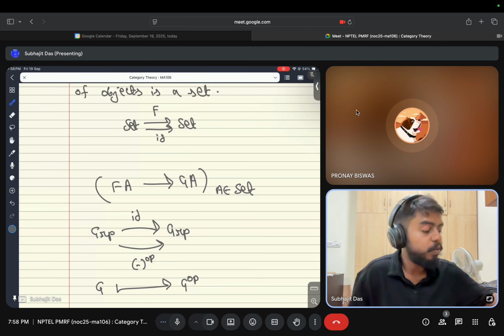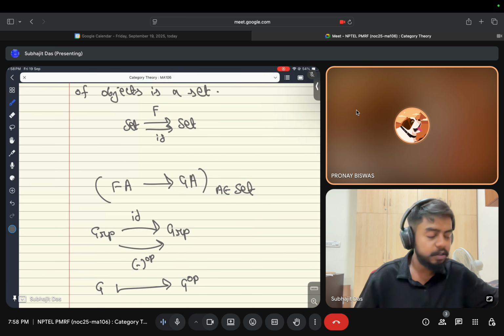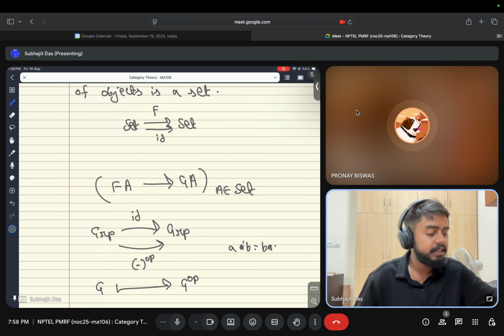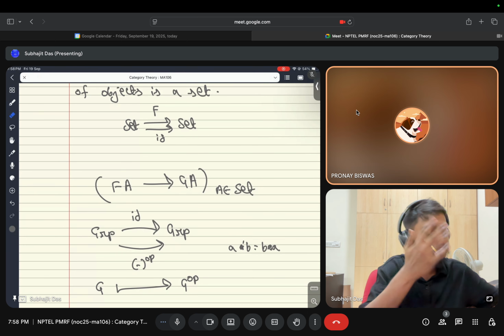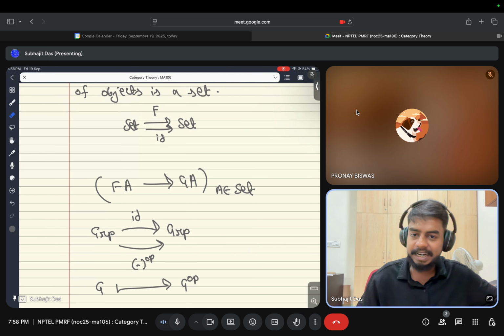Oh, okay, so G up is this group: A star prime B is B star A. Okay, that's the same thing. So what you are claiming is that there is a natural isomorphism from the first to the second.